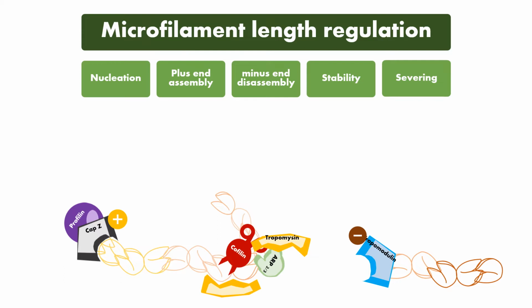So these are the proteins that regulate the length of the microfilament, when it's long and when it should be, for example, shortened, when to be divided, and where and when to be branched. These are very essential in the formation of the microfilaments.